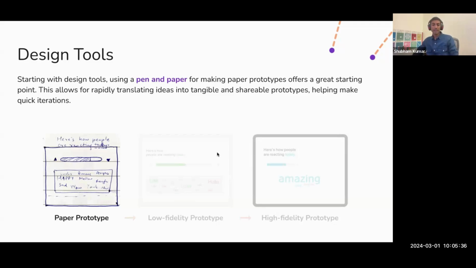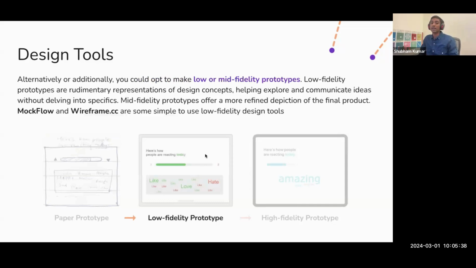Then moving to the next slide, there's something called a low fidelity prototype, low or mid fidelity. Low or mid fidelity is great for showing a user interface without actually building it. You could use tools like Mockflow or wireframe.cc to put something on a design tool without having to focus on every little thing as to how it's going to look in the final version.